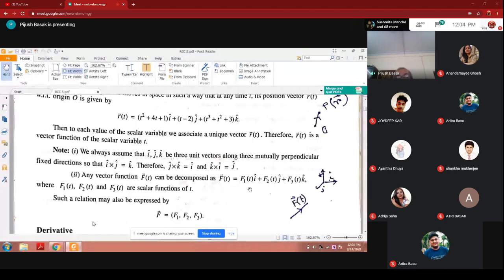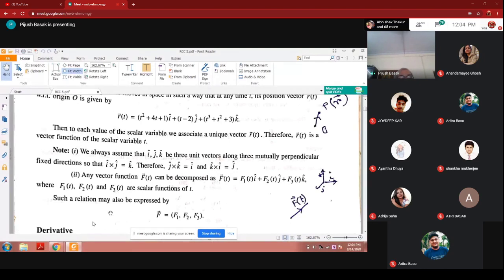So the component along the x-axis is f1(t), the component along the y-axis is f2(t), and the component along the z-axis is f3(t). So f1, f2, f3 will be provided to you for doing the problems.